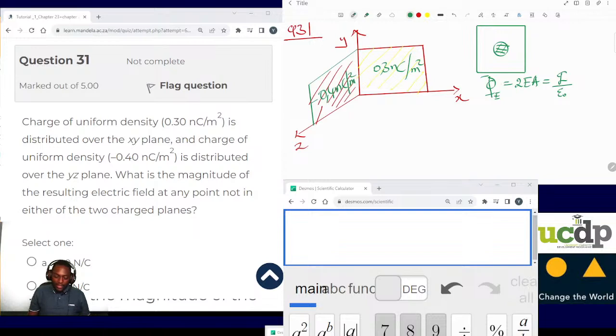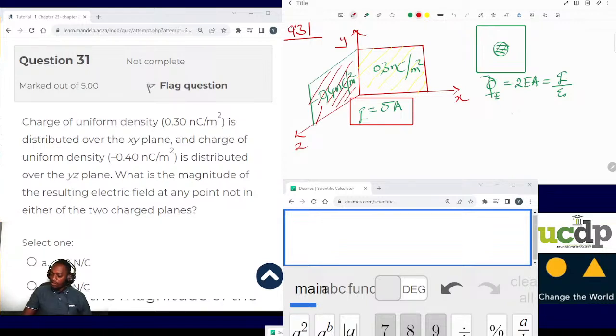But there is something that you probably already know, that the charge enclosed is equal to sigma A. So I'll just circle this because this is important, okay? It's equal to sigma A, and sigma being our charge density, right?